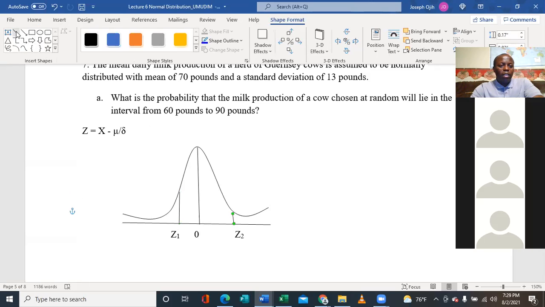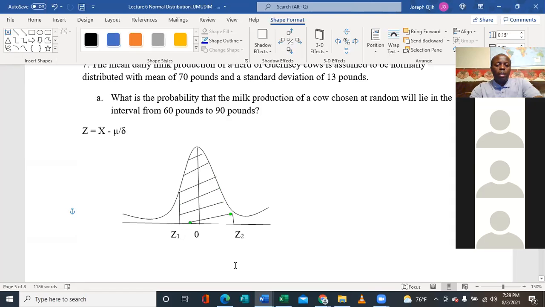And then you can shade the area between the two of them. That means you're looking for this area between them. Okay, so this is the area you're looking for between these two.